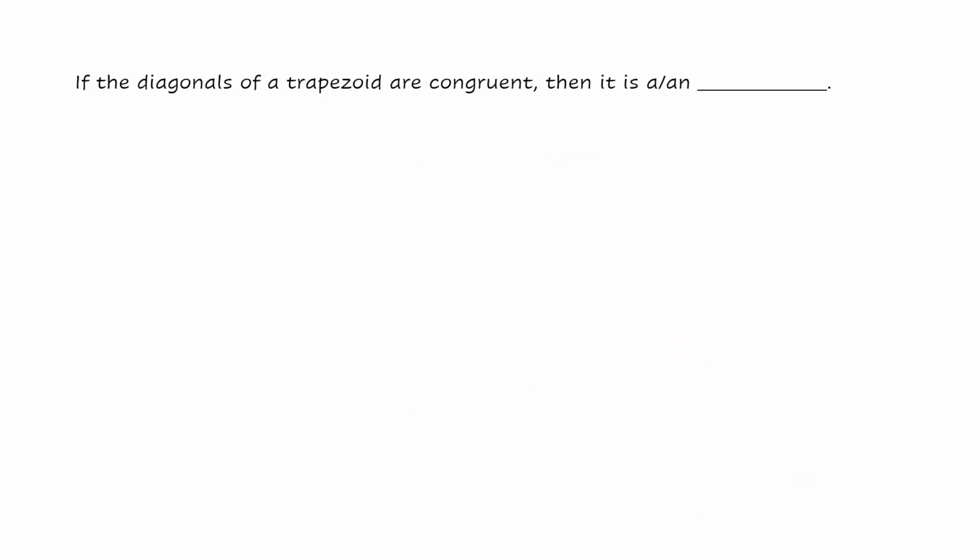Next question. If the diagonals of a trapezoid are congruent, then it is an or a blank.